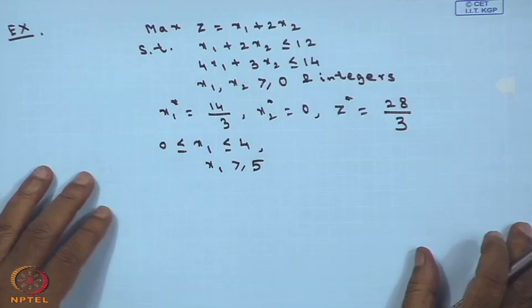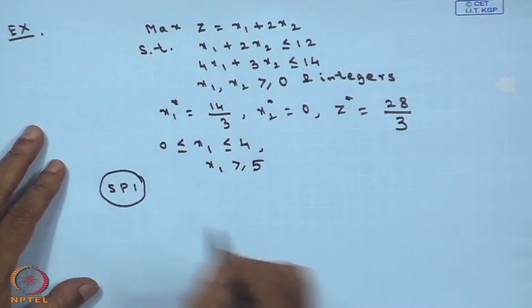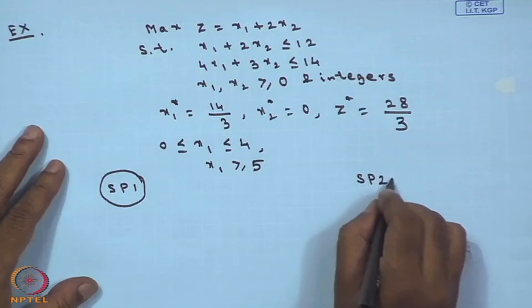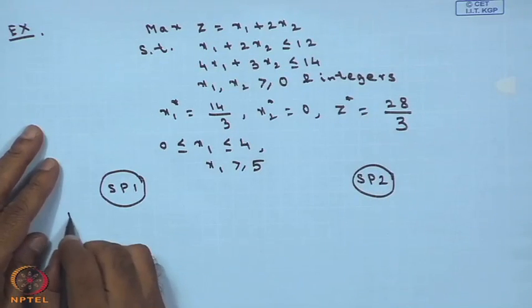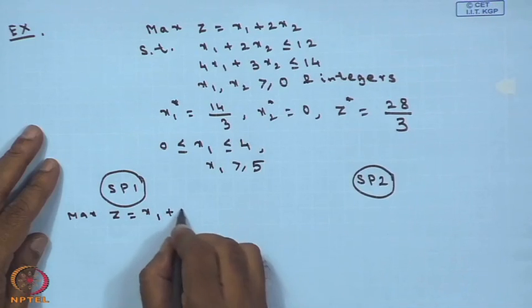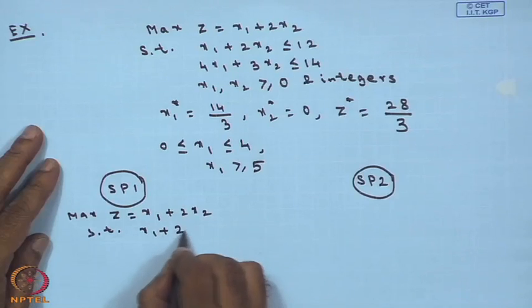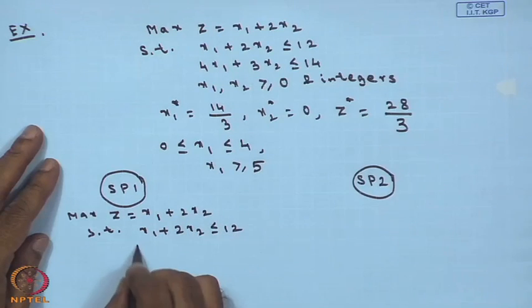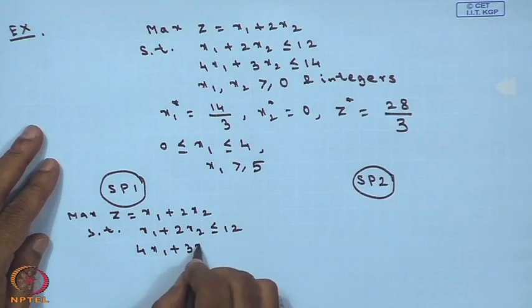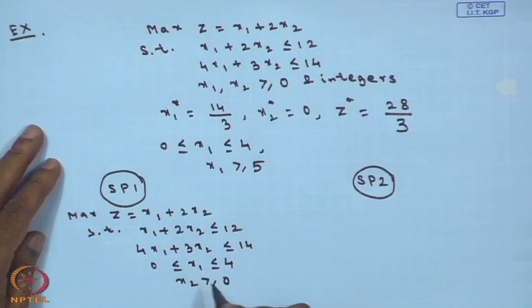So, once you obtain these two, you can break it into two problems, SP 1 and SP 2. Your SP 1 will remain the same: Z equals x 1 plus 2 x 2, subject to x 1 plus 2 x 2 less than equals 12, 4 x 1 plus 3 x 2 less than equals 14, and you impose one condition, 0 less than equals x 1 less than equals 4, x 2 greater than equals 0, both integers.